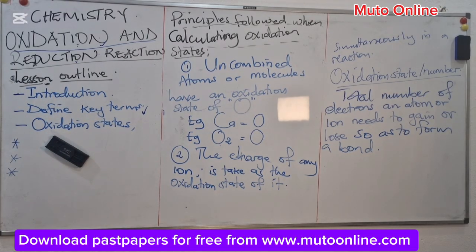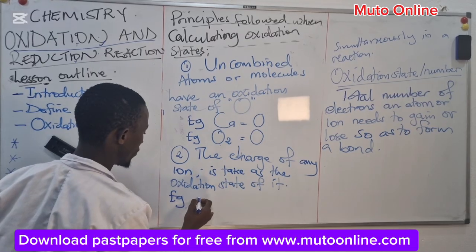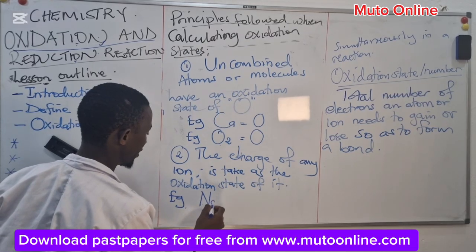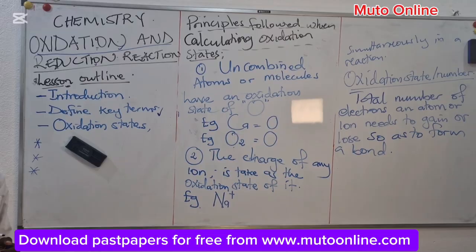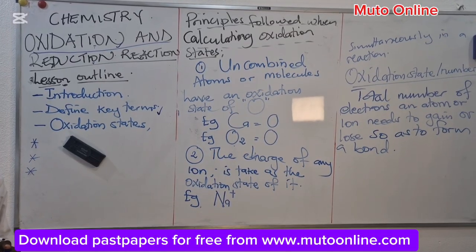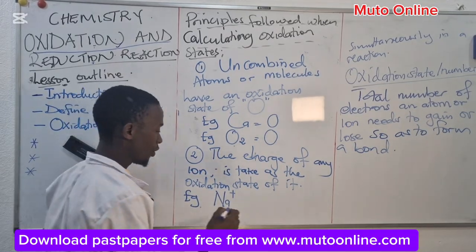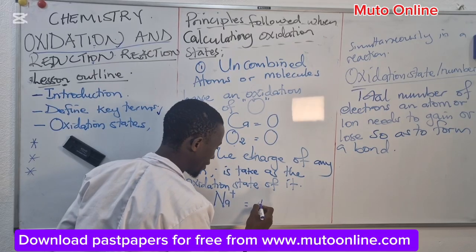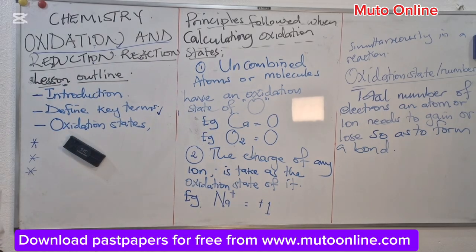The charge of any ion is always going to be its oxidation state. For example, if we have a sodium ion, we know it is written like this. So this sodium ion is charged to +1. So its oxidation state will be +1. We take its charge as its oxidation state.